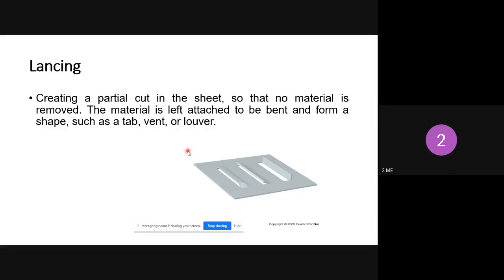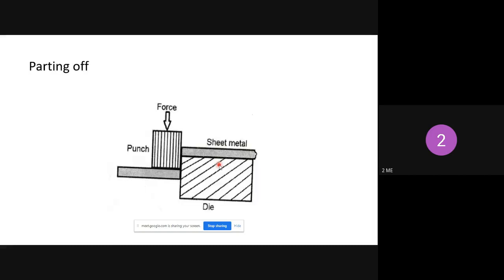This is mainly used for decoration purposes. It creates a partial cut in the sheet so that no material is removed. The material is left attached to be bent and form a shape, such as a tab, vent or louvers. This is called the lancing operation.